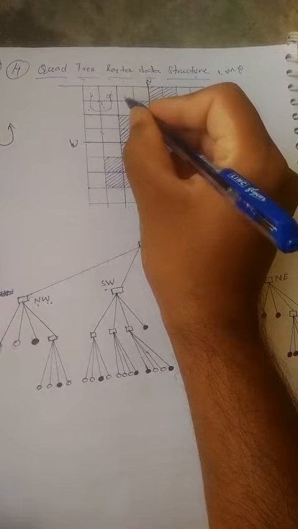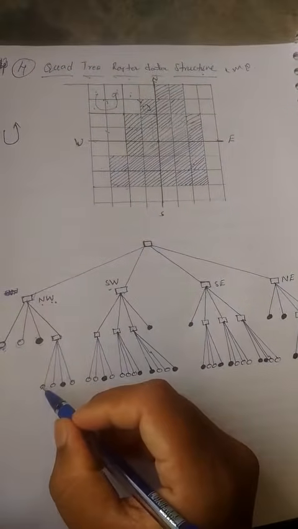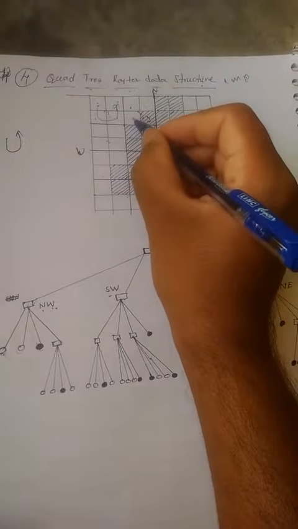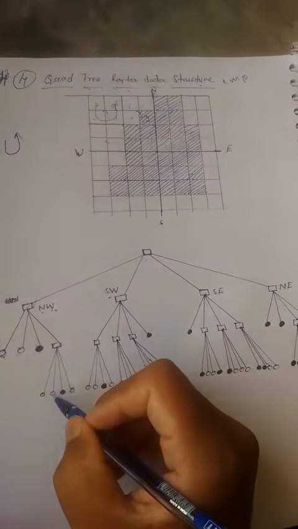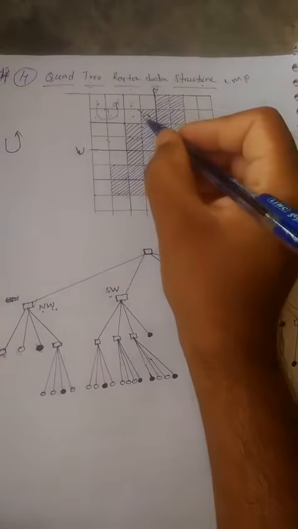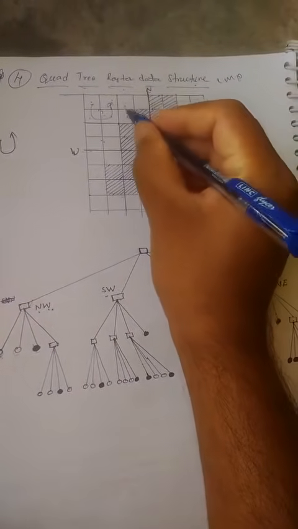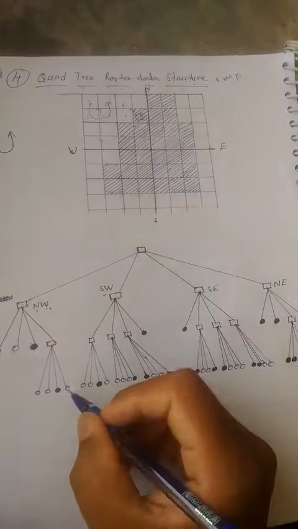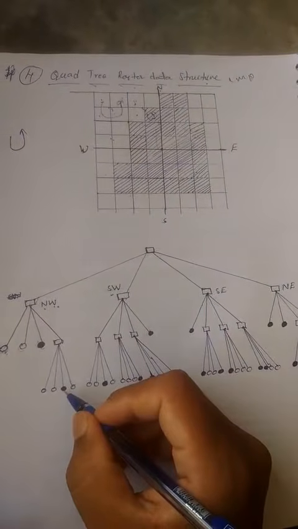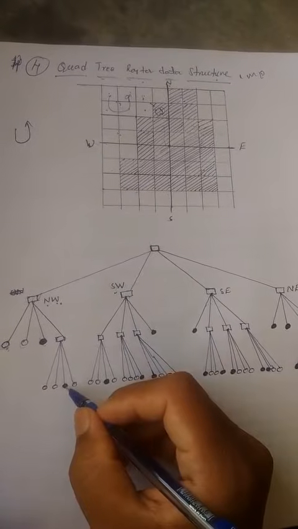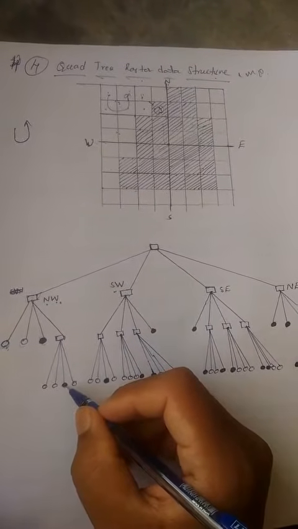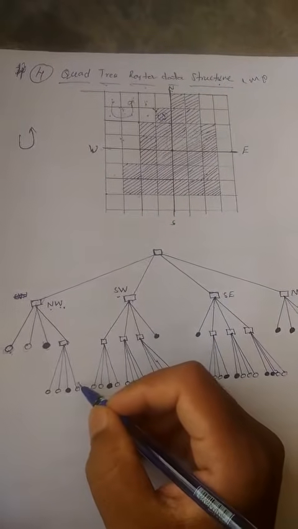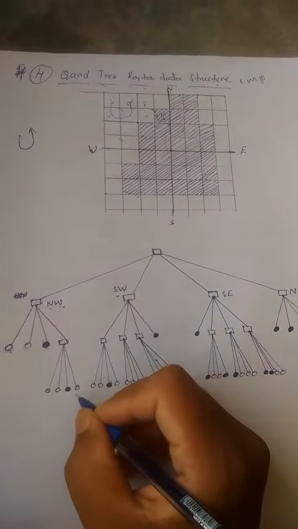For this cell, this one is empty. The second pixel is also not sharing anything, so 0. For the third, it is sharing the boundaries. That is the reason why we make it darker. And the fourth one again is not sharing any boundaries. We have to represent it like this.